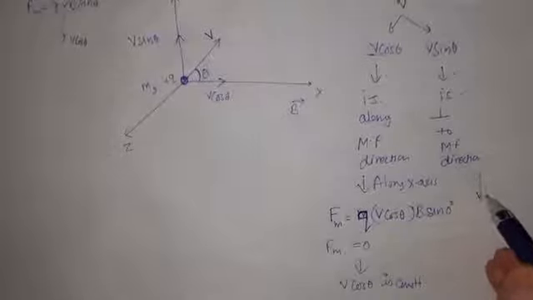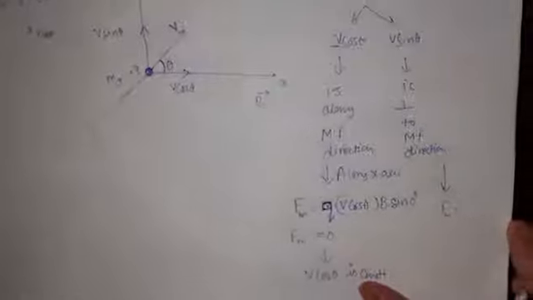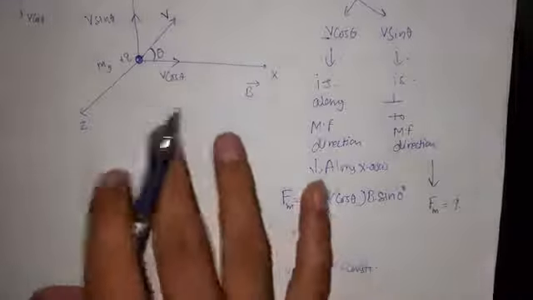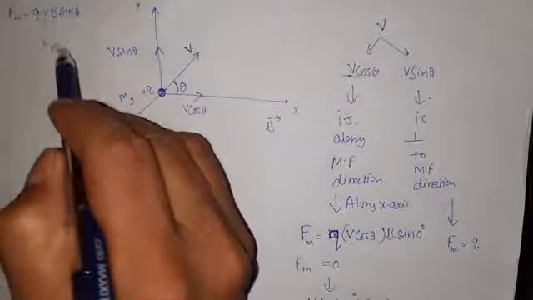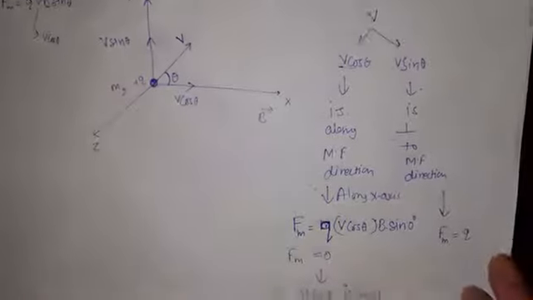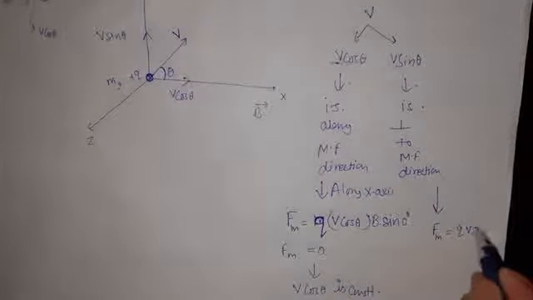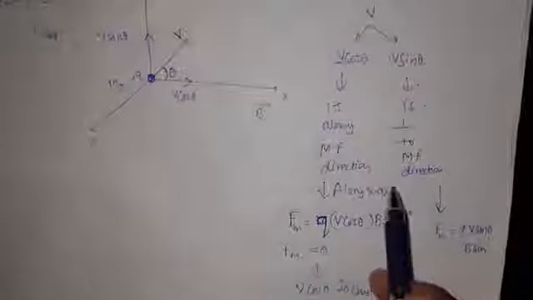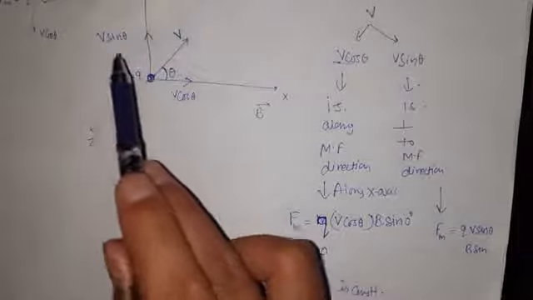So the force due to its vertical component of velocity is q, and the velocity is v sin theta, so q v sin theta, and then B sin of the angle between the magnetic field and this component of velocity.